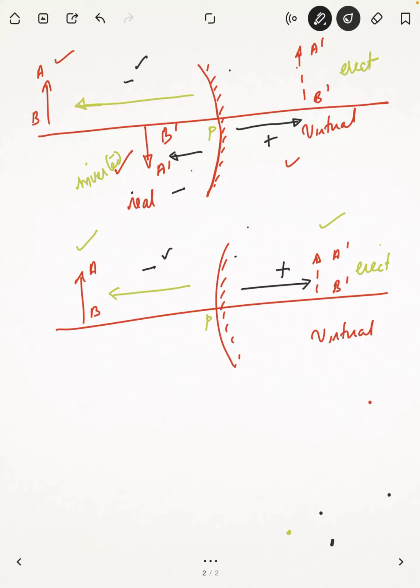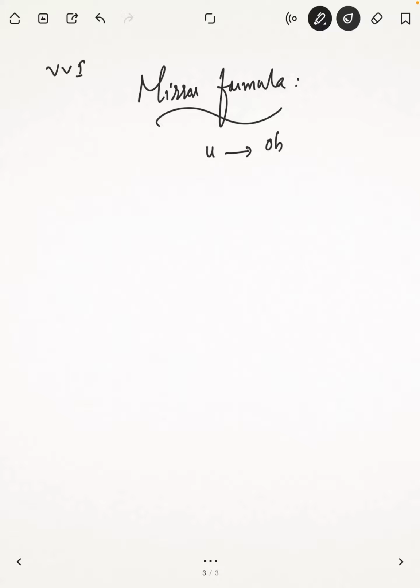Next point, what is the mirror formula? Very, very important one. So for a mirror, we recognize U. U stands for object distance, the distance of the object from the pole of the mirror.